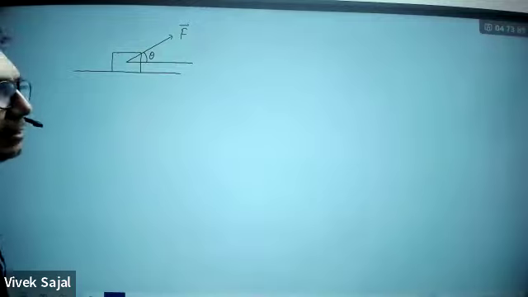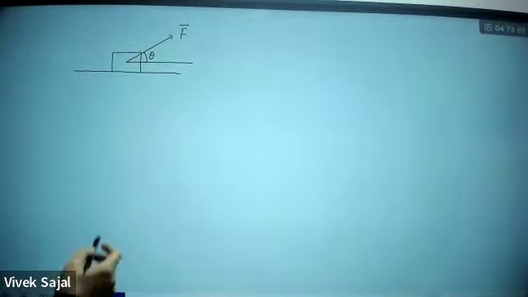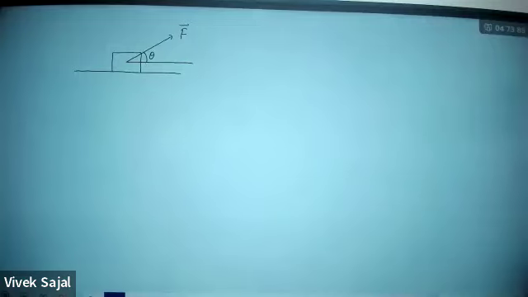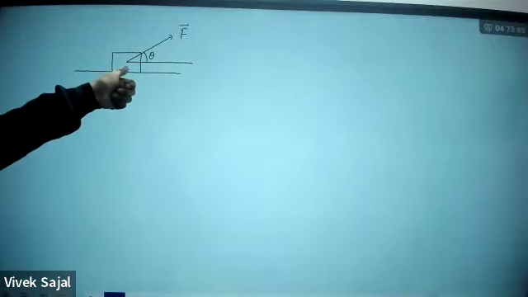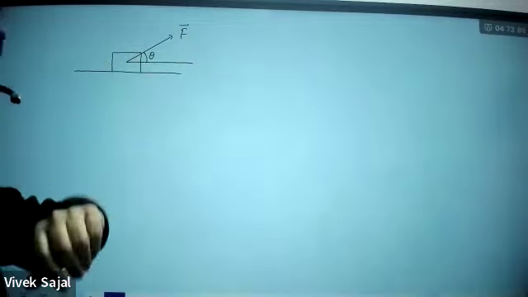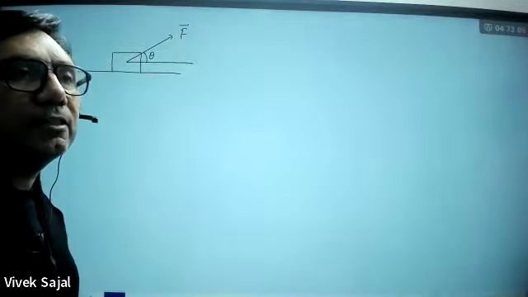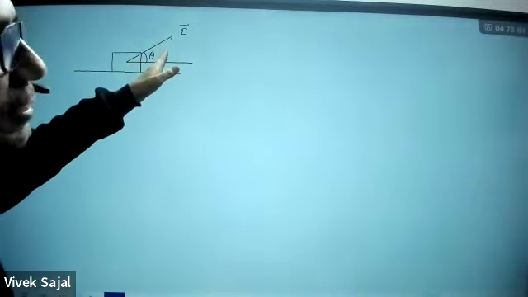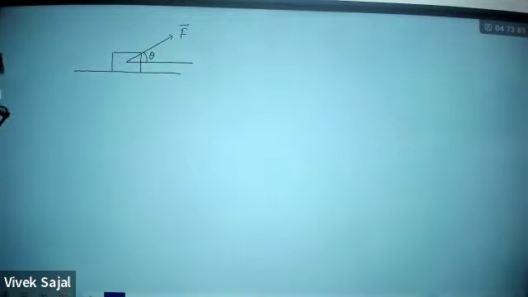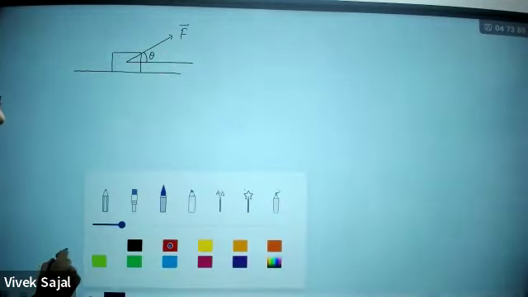Now you have to find the acceleration due to this force exhibited by this block. What will be the acceleration of this block if a force F at an angle theta with the horizontal is applied on it?